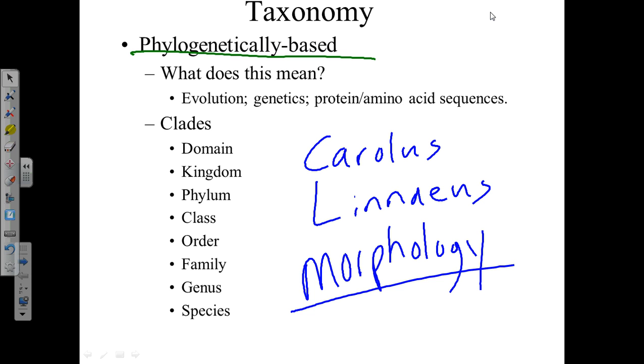And the way they determine if things are related, one of the main ways now, is they sequence their DNA. So they're looking at DNA sequences.